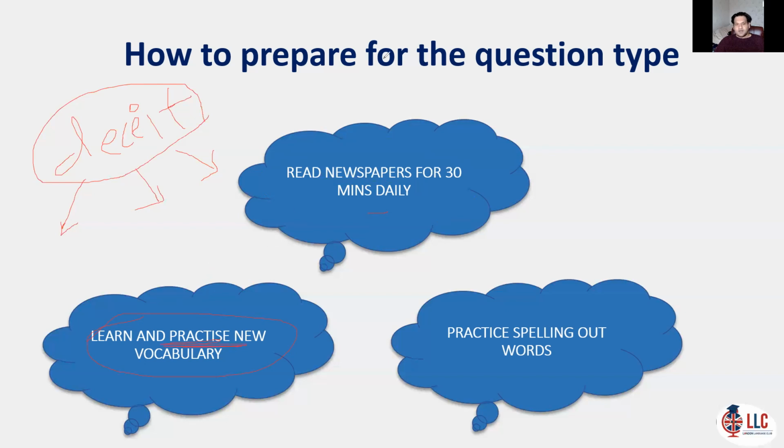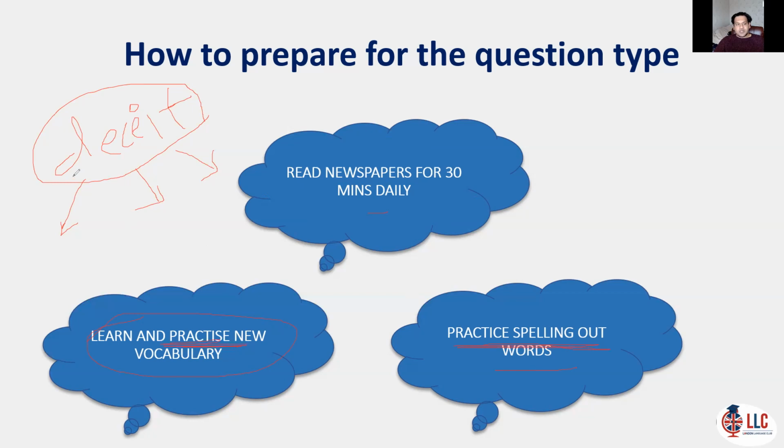Keep on using them for a couple of days, and your brain will consider it as an important word and it will remember the word. But if you don't do that, you won't remember new words. And also, when you're practicing, practice spelling out the words.